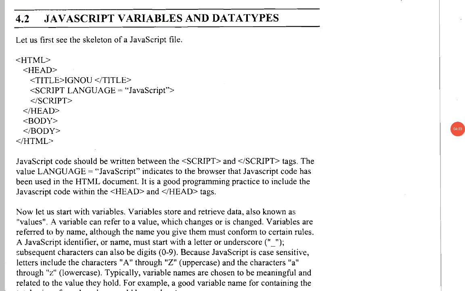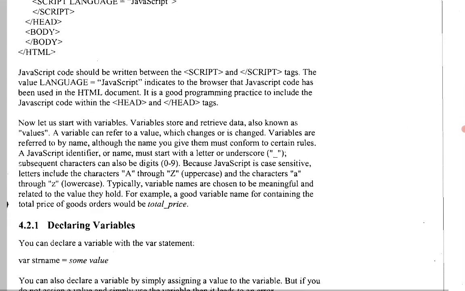To insert JavaScript in HTML, we simply use the script tag. What is the syntax of the script tag? Script, /script. JavaScript code should be written in between the script and /script tags. The value language equals within quotes JavaScript indicates to the browser that JavaScript code has been used in the HTML document. It is good practice to write the JavaScript code in between the head and /head tags.